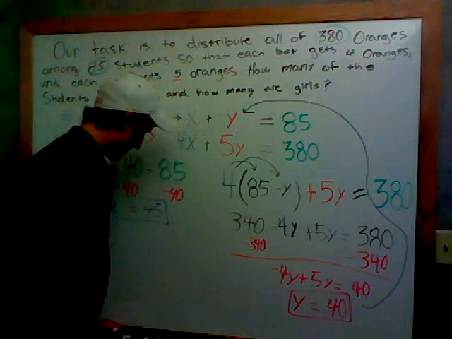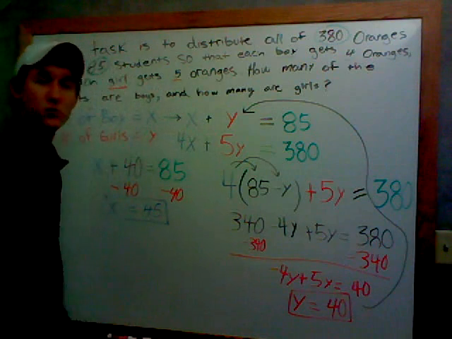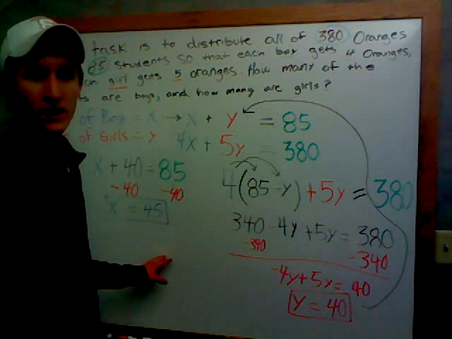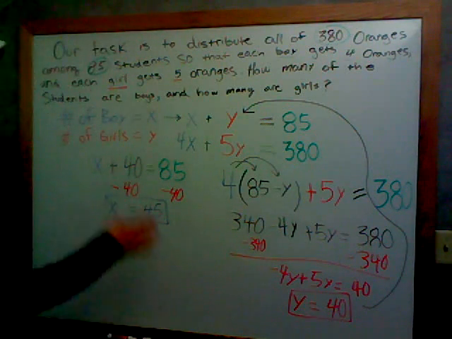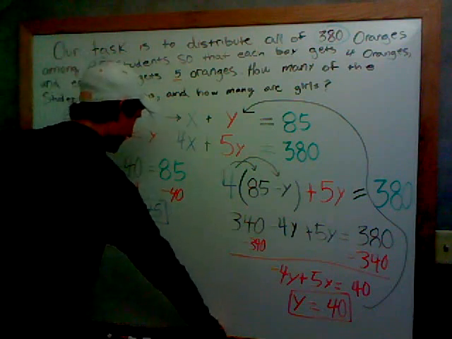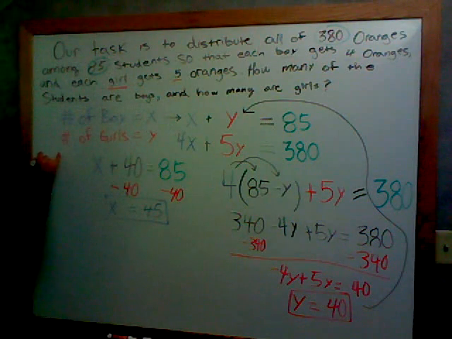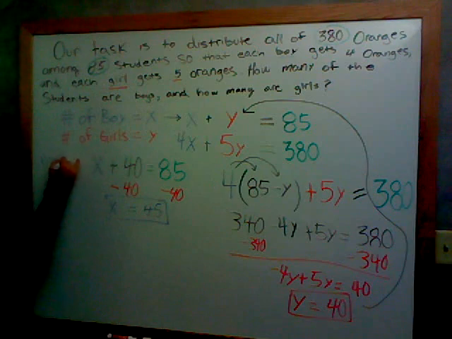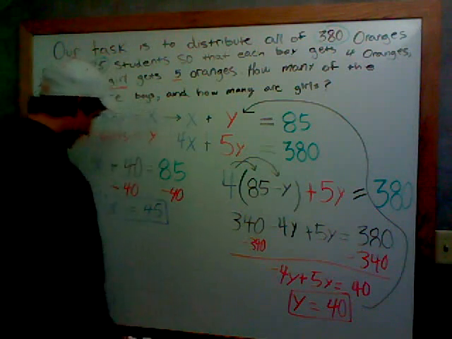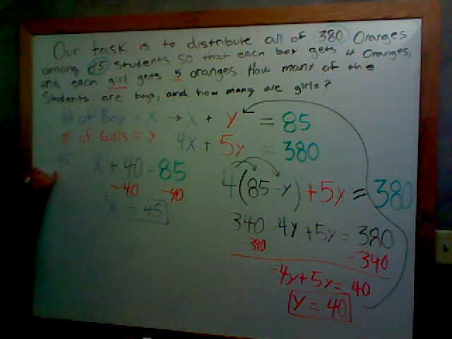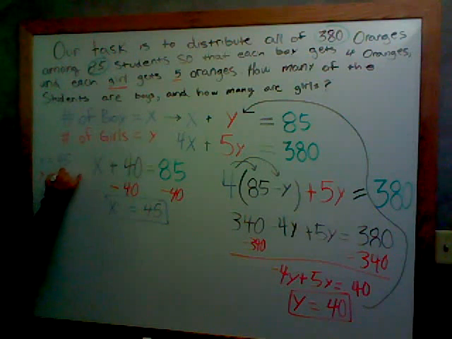Despite having these numbers, it does not mean that we have the correct answers, however, so we're going to go back and plug them in and make sure they line up. So I'm just going to write for x over here equals 45, and for y we equal 40.